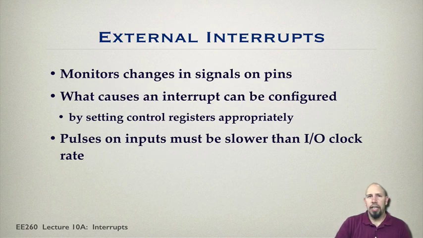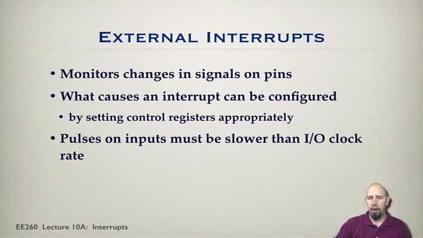Okay, as far as external interrupts, basically those monitor either changes or conditions on signals on the pins. And again, what causes an interrupt can be configured by setting the control registers appropriately. Pulses on inputs must be slower than the I/O clock rate.